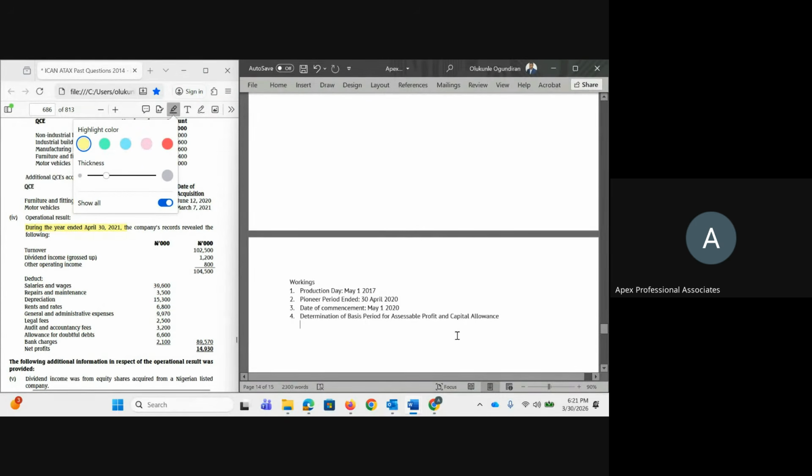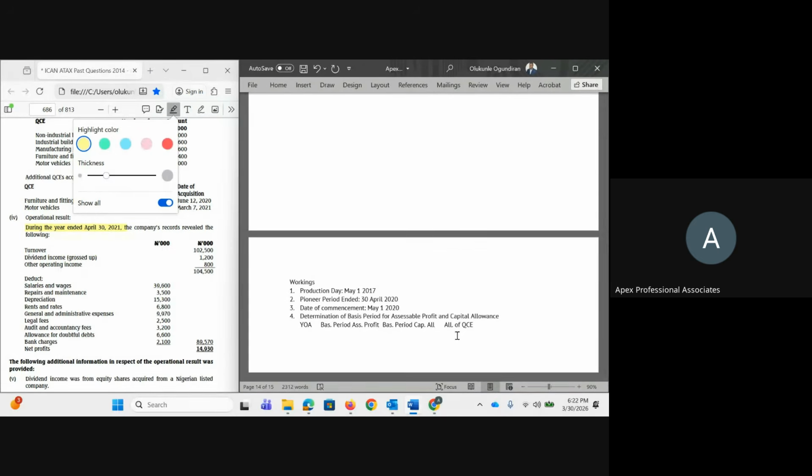So if you want to do that, I will say year of assessment, basis period. Are we together? Basis period, assessable profit, basis period, capital allowance, then allocation of QC.